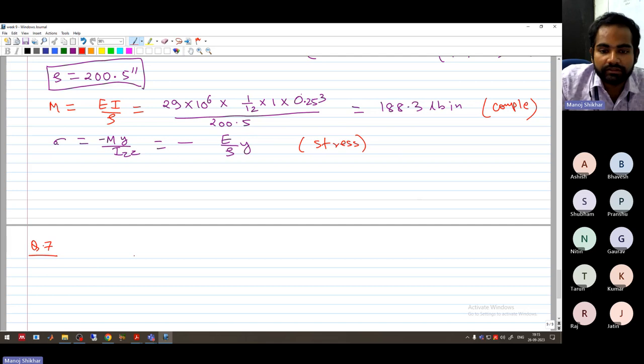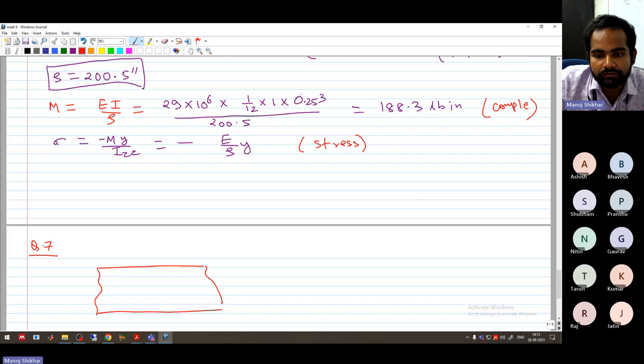So they have given us some random cross section, and they have given us points. This is A, this is B. The length is 200 mm. I think this will be used for calculation of epsilon xx because they have given the increase in length. And then we have CD here.